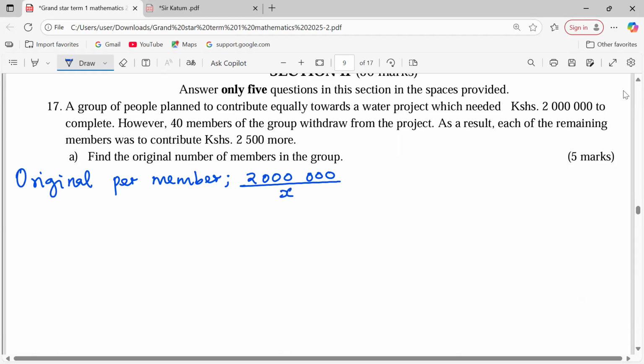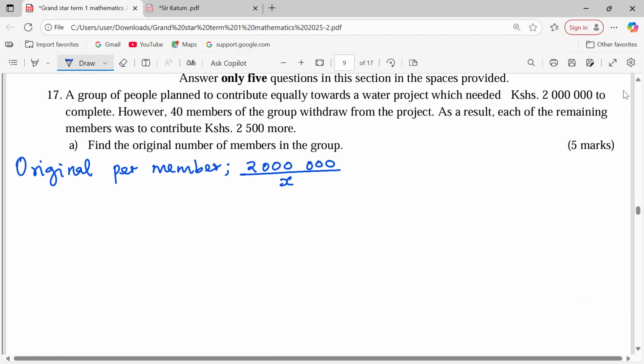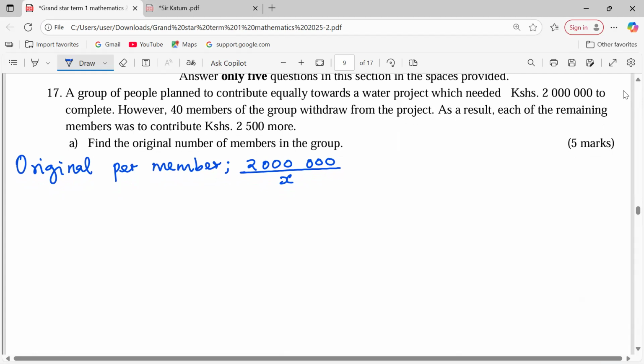So the total amount that we need, divided by or shared amongst the X total members, would have been giving us the original amount of money that a member would have contributed initially.